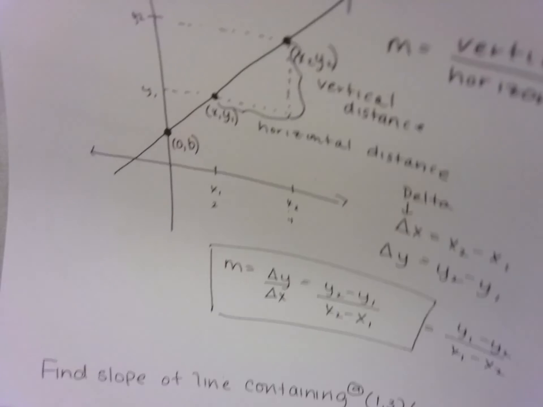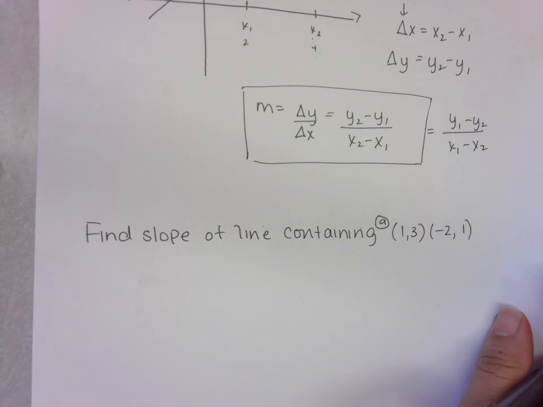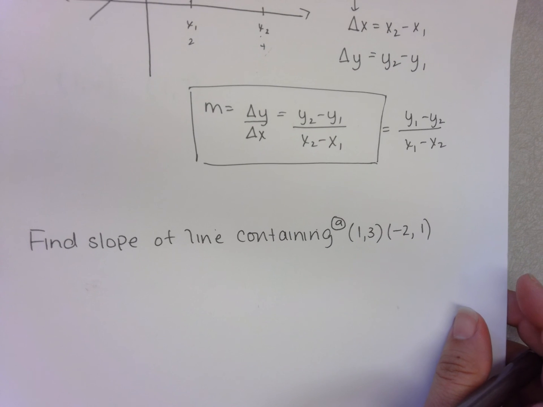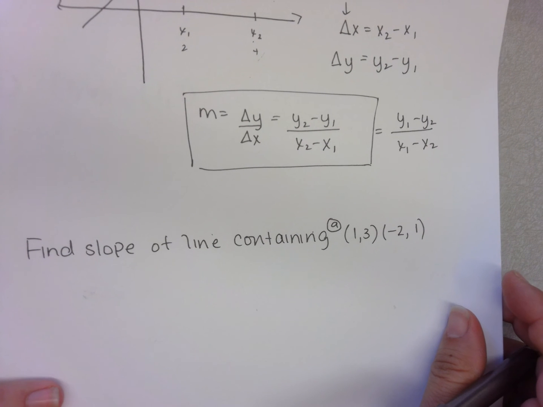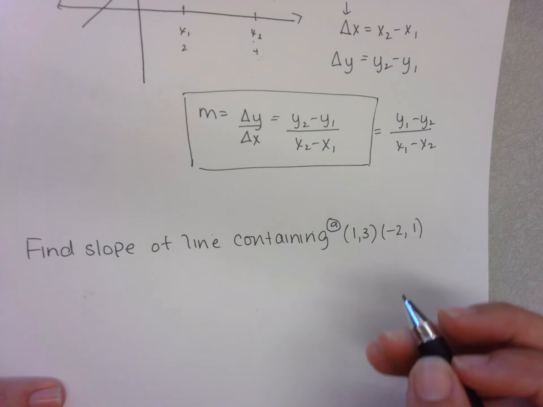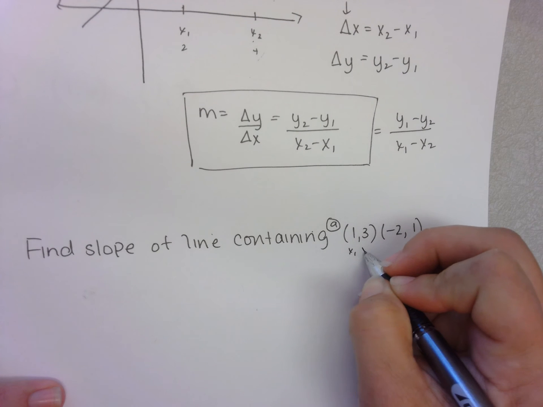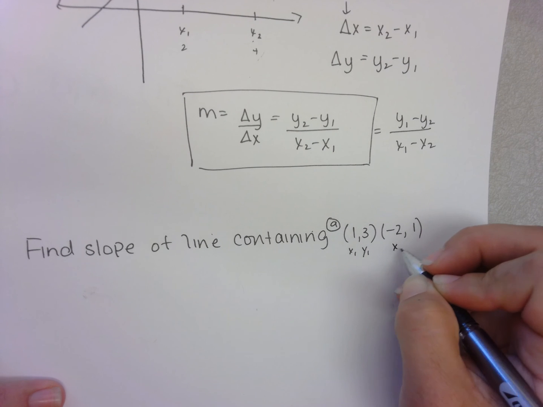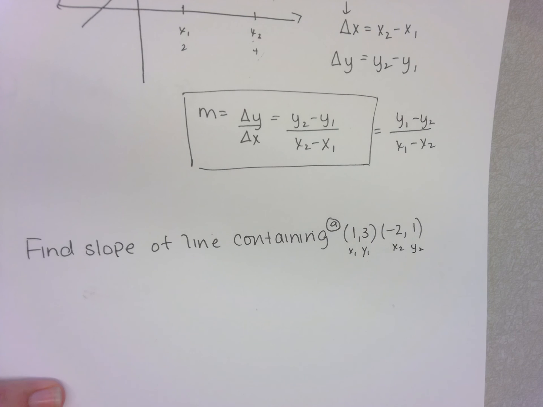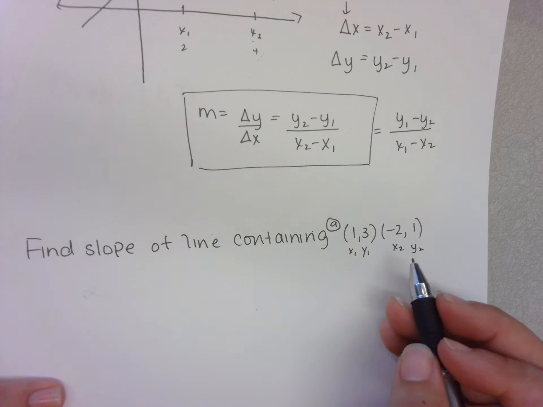So let's just use this formula here and calculate the slope of a line containing these 2 points. Okay. So we'll call this one x1 and this one y1. This will be x2 and y2. I could have written them a different way.